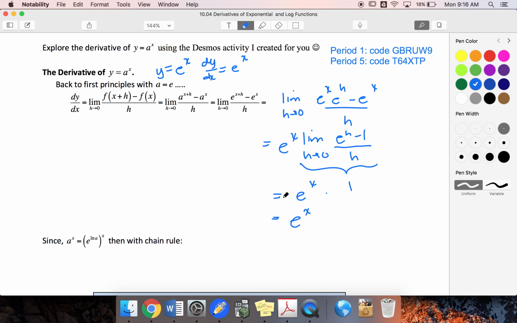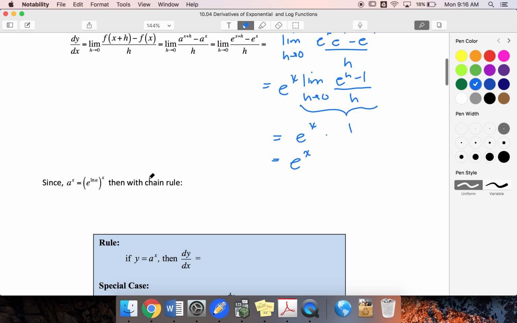Knowing this, that lets me use the chain rule to say that if y is equal to a to the x, well, I can rewrite a as e to the ln of a, because that simplifies back to a. So e to the ln of a, to the x. Well, I know when I have powers to a power, I just multiply.